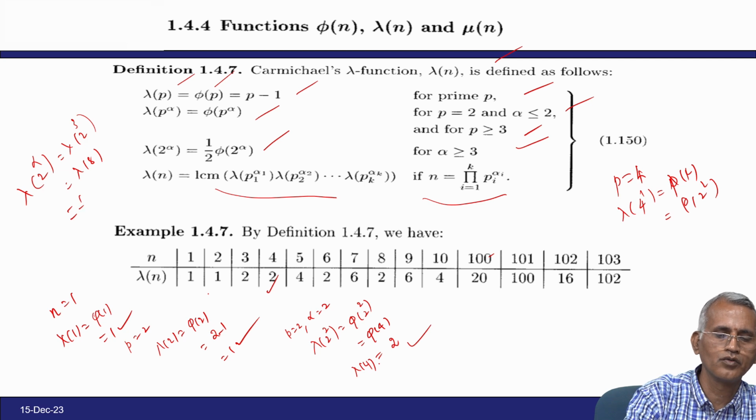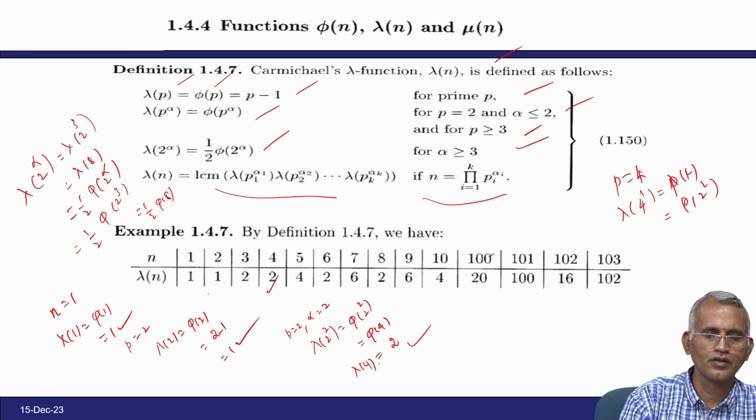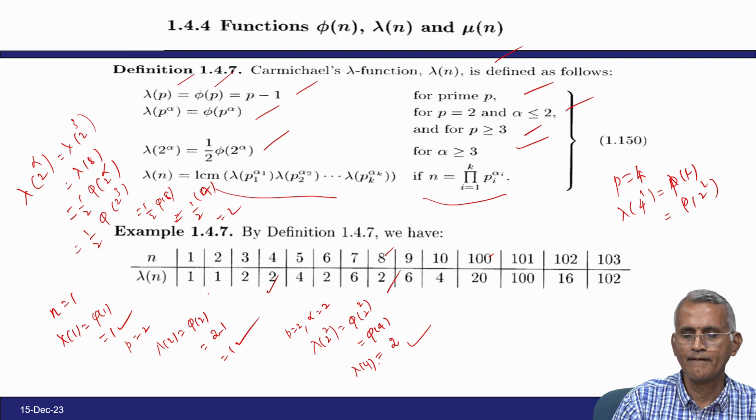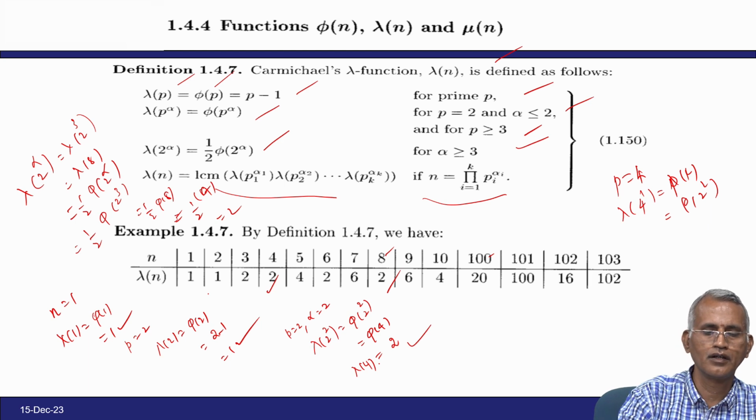The rule is 1 by 2 into phi of 2 power alpha. So 1 by 2 into phi of 2 power 3, which is 1 by 2 into phi of 8. Phi of 8 is 4, therefore 1 by 2 into 4 is equal to 2. So lambda 8 is 2, beautifully coming. Like that you have to do with all these ideas.